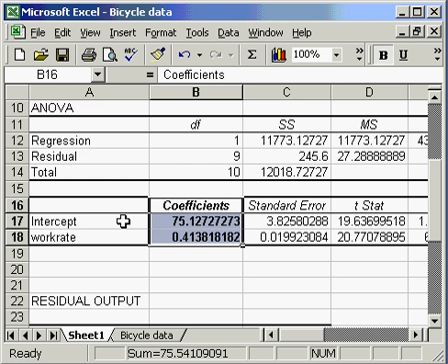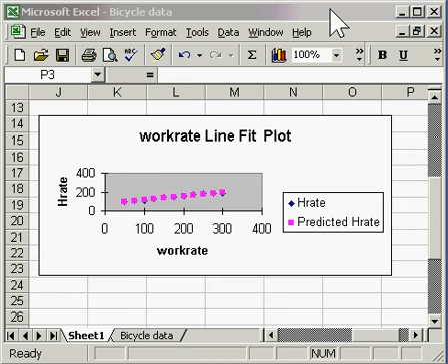So we started off with a resting heart rate of 75, and then for every 1 watt increase in the work rate we got an increase in the heart rate of 0.4 beats per minute. This is very useful. Finally, we have two graphs.